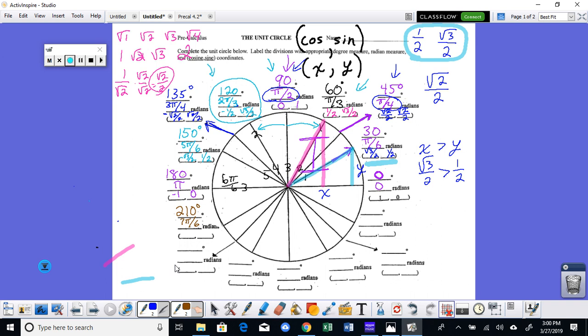These over 6s, every one of them, has square root of 3 over 2 and 1/2, but in quadrant 3 they are both negative. Negative, negative.